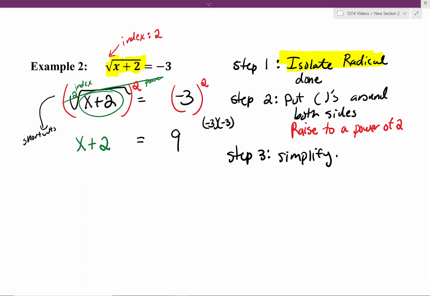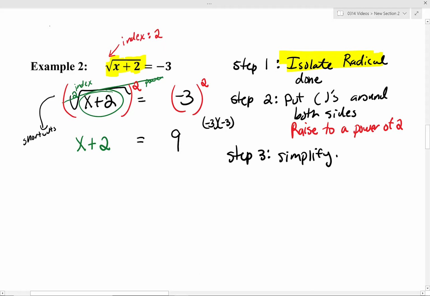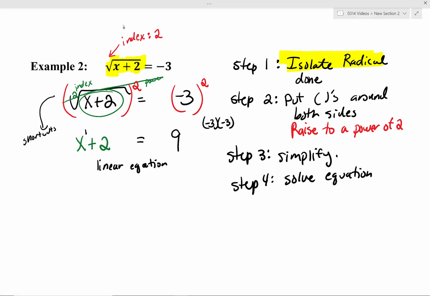All right, now we need to solve the resulting equation. Whatever equation we get when we simplify in step 3, that's the equation that we're going to solve. And once again we see that the highest power on x is a 1, so we're back to solving that linear equation. Okay, so we have an x term.